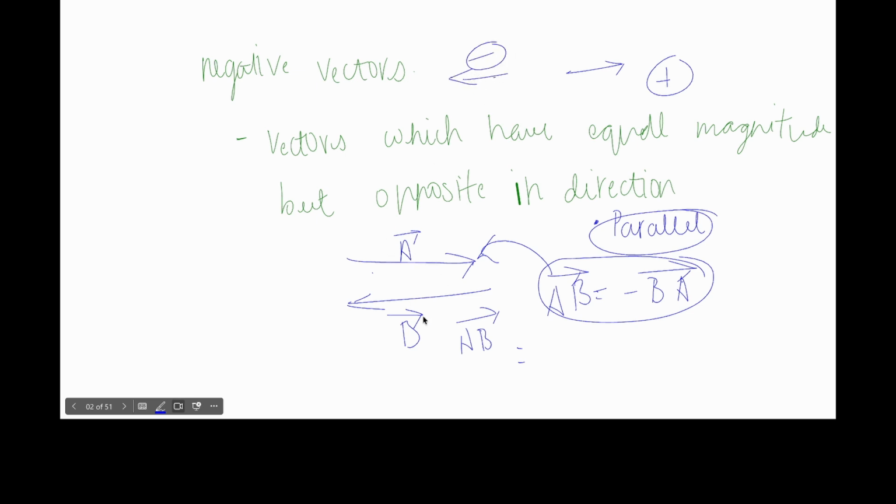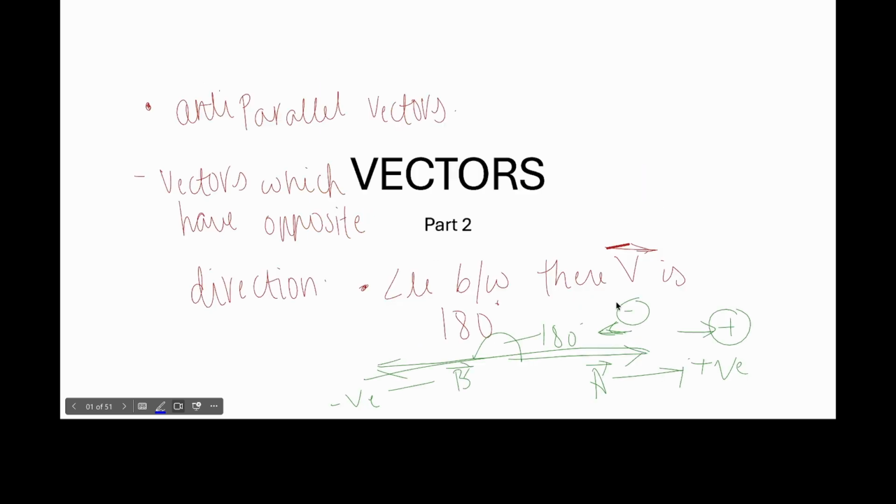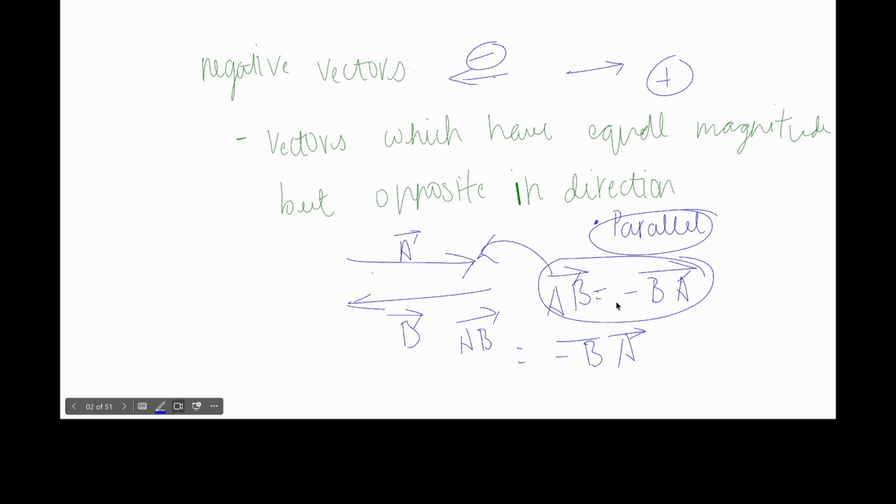So I can say that B is in the negative direction, so I can write the direction as minus vector BA. So I think negative vectors and anti-parallel vectors have some difference, but they are nearly the same. So moving on to the next type of vectors called co-initial vectors.